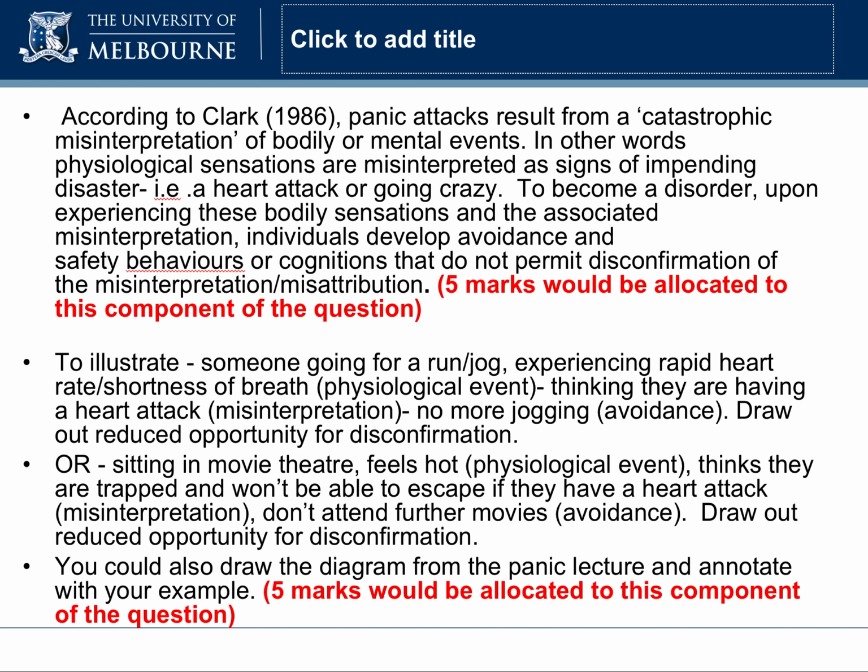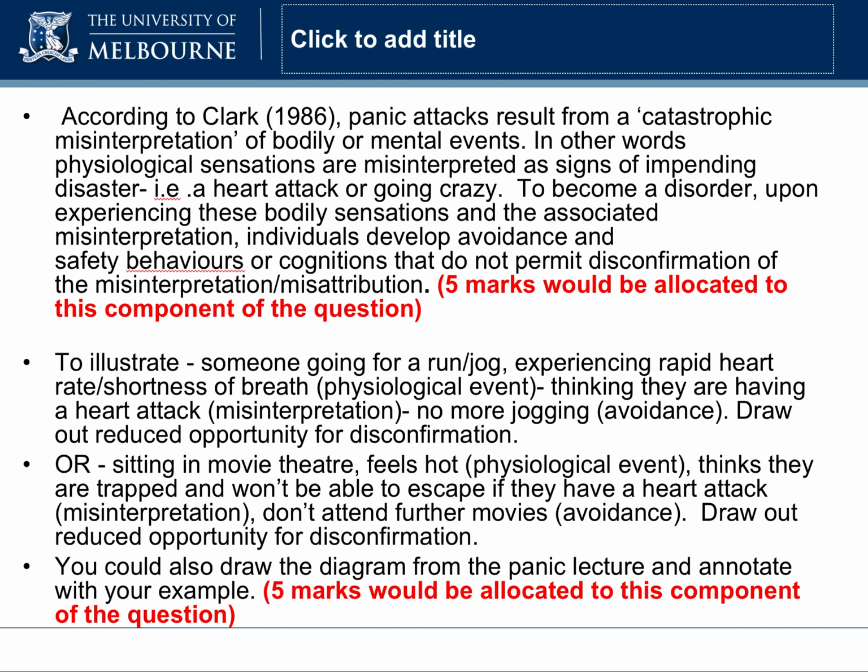They interpret this with that catastrophic attribution. So the shortness of breath and the rapid heart rate is interpreted as a heart attack, and then the person avoids jogging and avoids exercising, which then gives very little, if in fact no, opportunity to have that catastrophic attribution disconfirmed through experience.